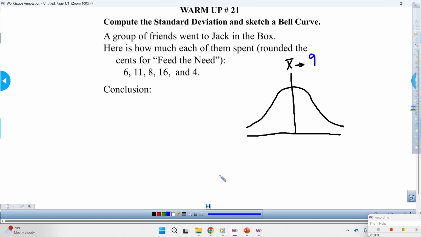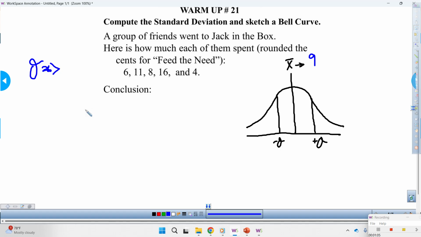All right. So from there, we need to go a standard deviation up and a standard deviation down, which means we need our sigma, our standard deviation. All right, standard deviation. Moses, what'd you get? You haven't got there yet?